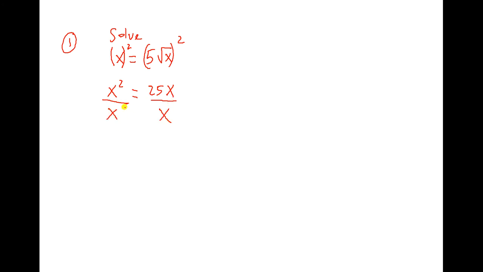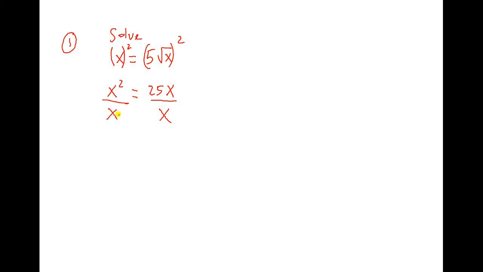Now if you are dividing by a variable, this variable can be 0, which is undefined, so make sure that at the end you check your solution to make sure that the solution you get is the correct one.